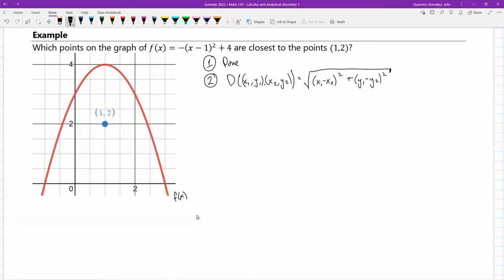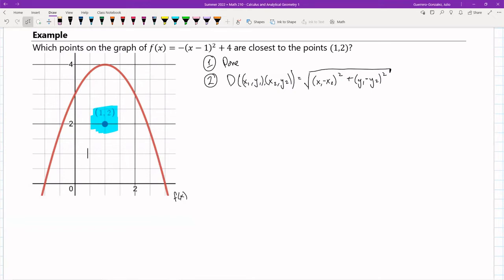So somehow, some way, we need to minimize this equation. Now, the question becomes, what's our constraint? The constraint becomes this point right here, or that point, sorry, right there.